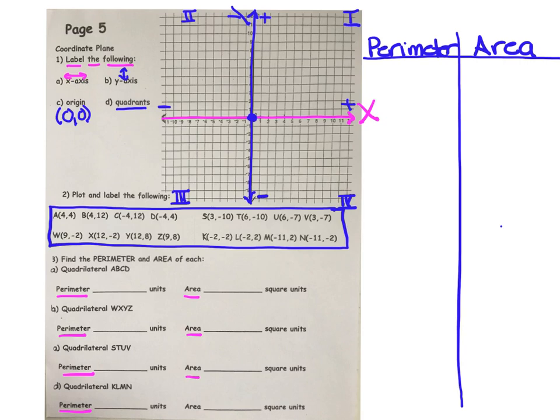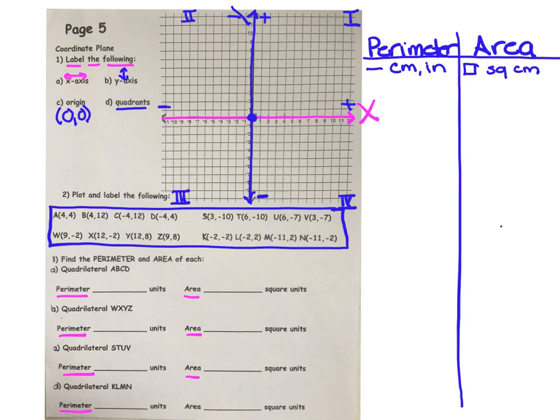Remember, perimeter measures the distance around a figure in linear units like centimeters or inches, and area measures the flat surface inside a figure in square units like a square centimeter.